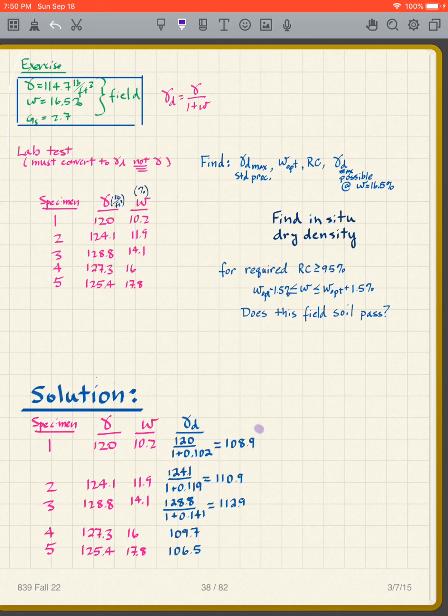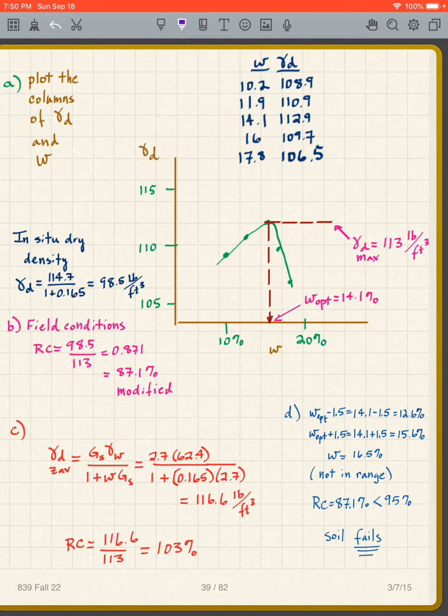And I use that formula, I get all of these values for gamma D. So I have gamma D, I have small w, the water content. I can then plot these, and here are my 5 points. If I plot them, I find that this one is approximately the maximum, and that's 113 pounds per cubic foot. And this is approximately my optimum water content, which is 14.1%.